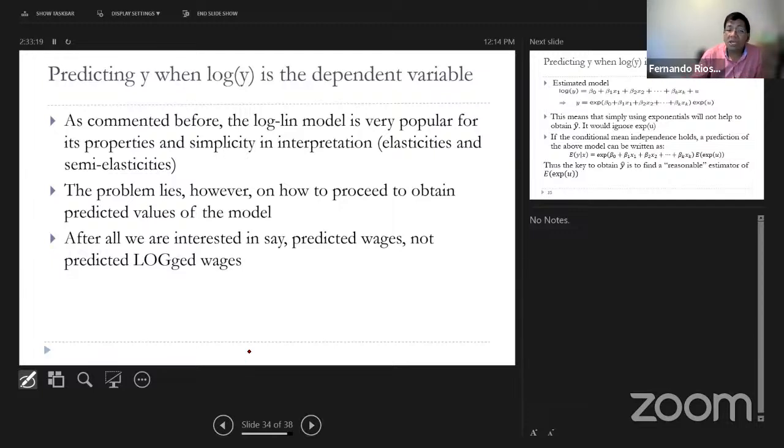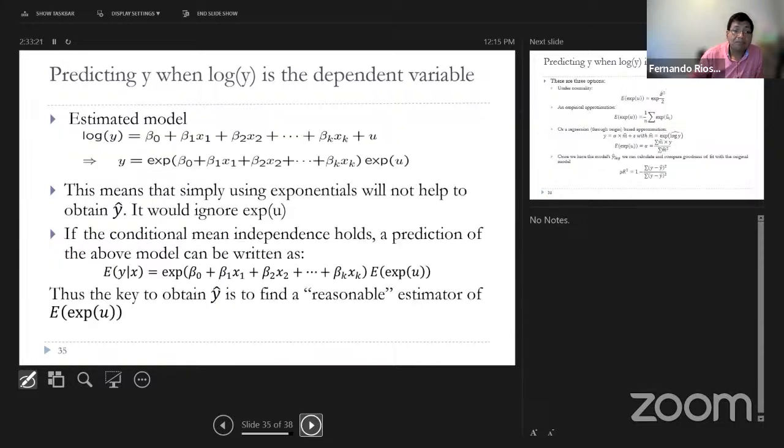So let's say that we do that, and why is this a problem? We start by estimating a simple log linear model: we regress the log of wages as a function of education, experience, etc. How do I then obtain a predicted value for y?